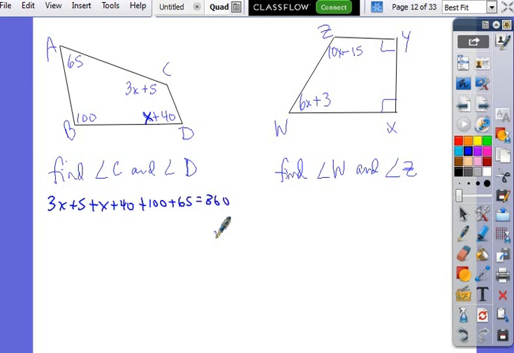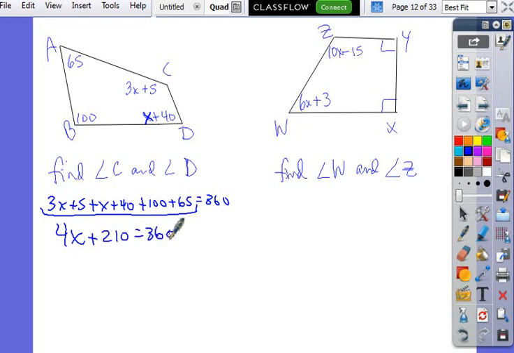What do I need to do with all of this junk right here? Add it up. Combine it just like it is. Do not change any signs. So 3x plus x is 4x. 5 plus 40 plus 100 plus 65, I think that's 210. Y'all check me on that. Yeah, you're right.